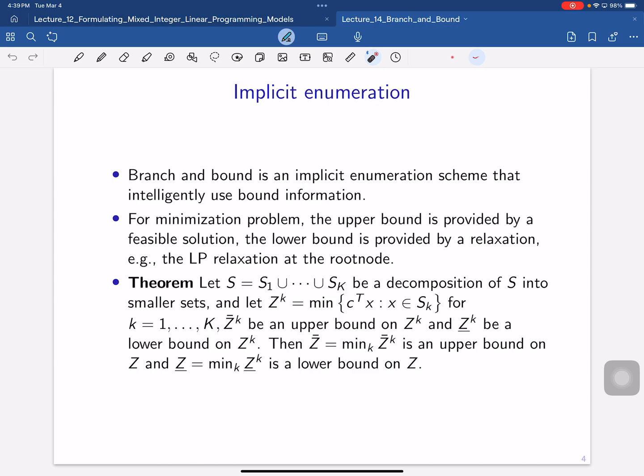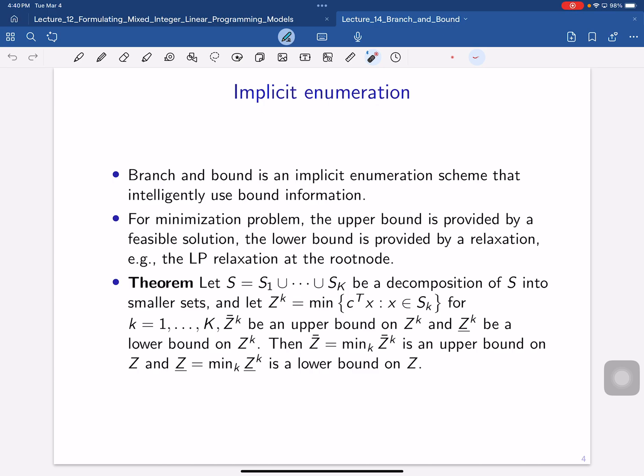Again, the lower bound is a relaxation of the problem, or another way to interpret that is the best possible solution you can find on this particular problem. It's a relaxation. Yeah, can you speak a bit more? A relaxation's optimal value will always be better than the non-relaxed one because the feasible region is bigger.